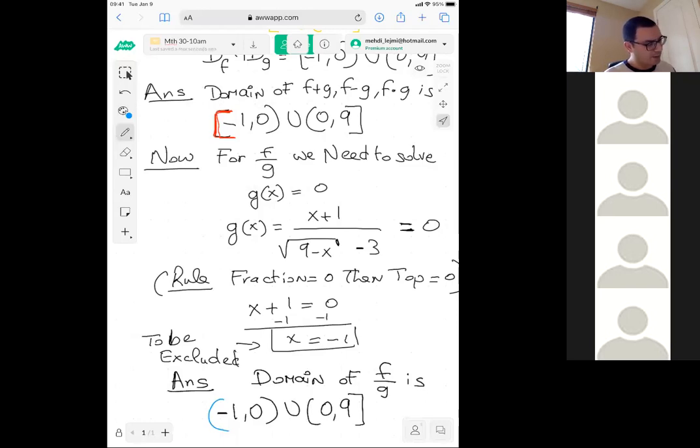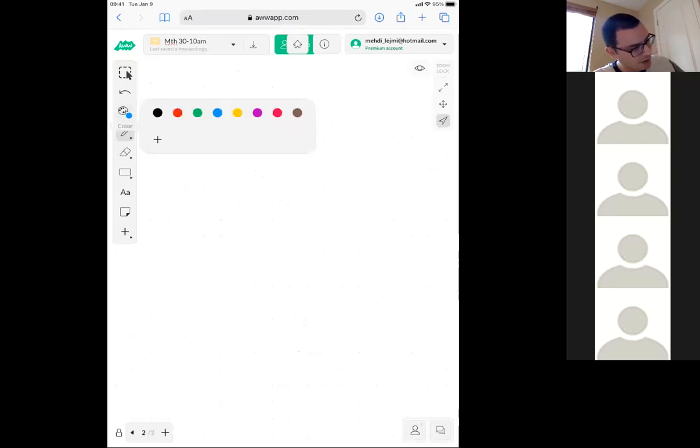I can move to the next page unless someone didn't finish writing down the notes. So now let's move to the second part of the section, the composition of functions.